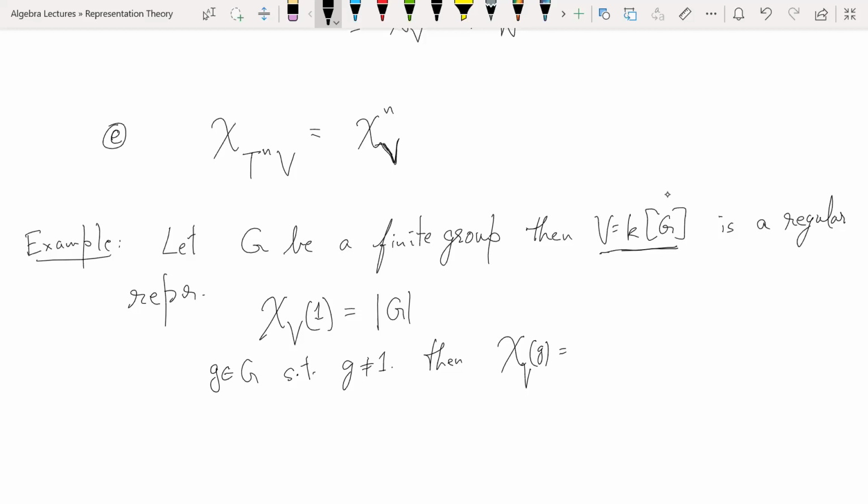So you just have to look at the trace of this permutation matrix, and it will have a 1 in the diagonal only if this permutation fixes that element. So G acts on G via, let's say, left multiplication.